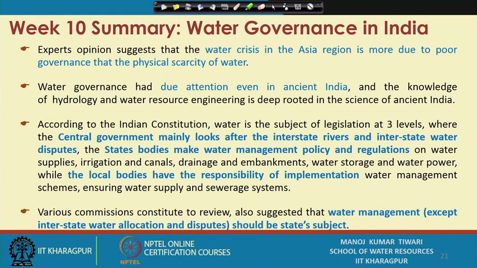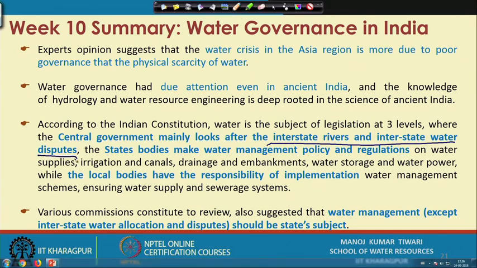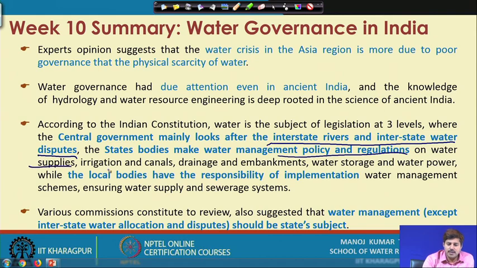According to the Indian constitution, water is a subject of legislation at 3 different levels, where the central government mainly looks at the interstate rivers and interstate water disputes. It is the state bodies which have major authority over the management and control of water, who manage the policy and regulation on water supply, irrigation and canal, drainage, embankment, water storage, and water power. All these important aspects are held by the state government.